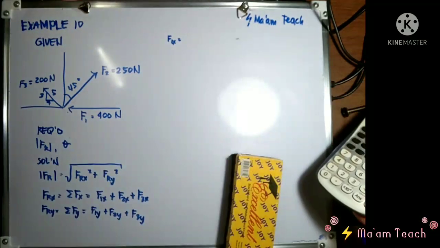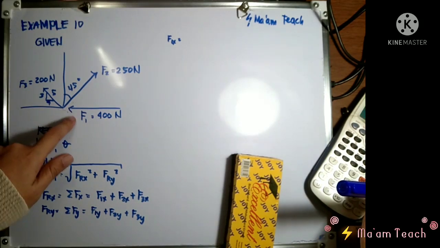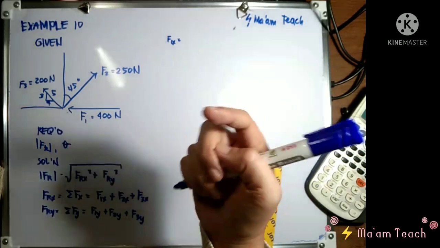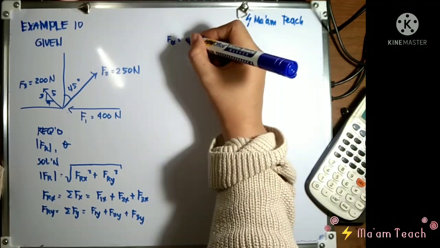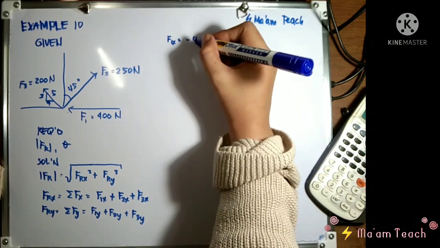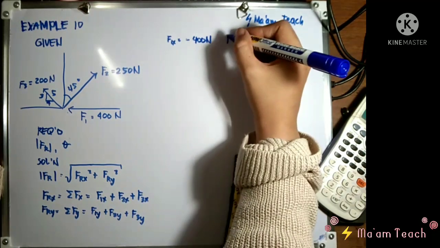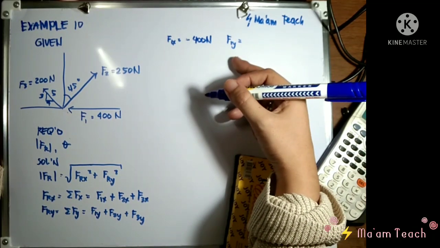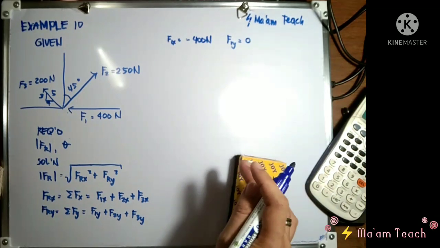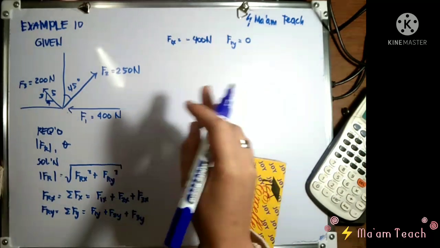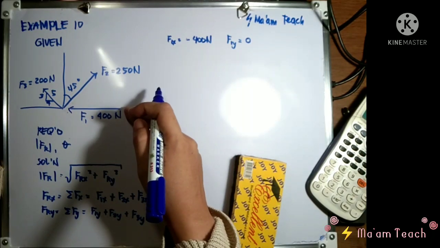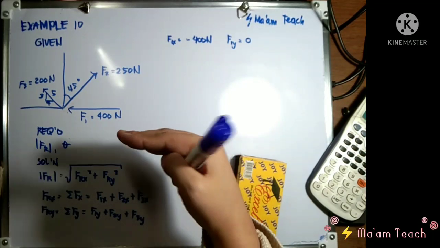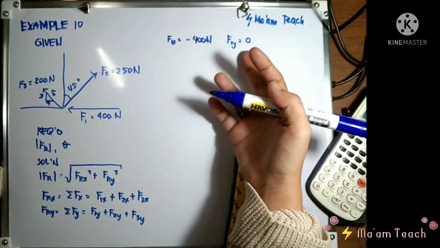So that means that the value of the x component here is still 400, but since it is to the left, it will be negative 400 Newton. Class, how about for the y component? The y component of your F sub 1 is 0. Why is it 0? It's because there's no y component here, and that's because it is exactly on the x-axis. Okay, that's why the y component is 0.